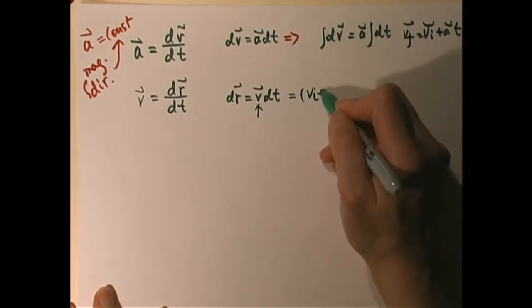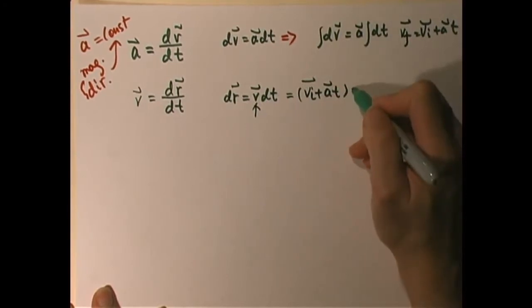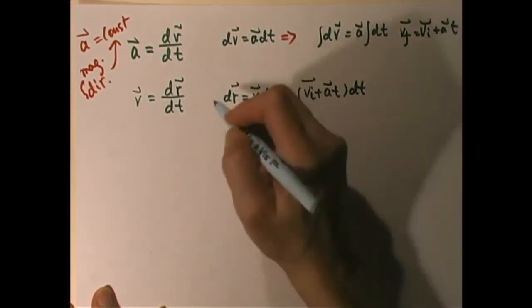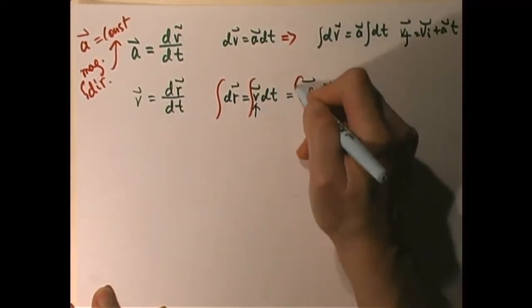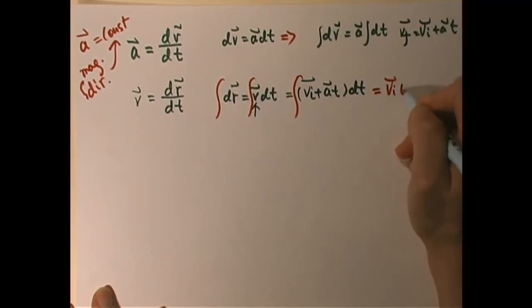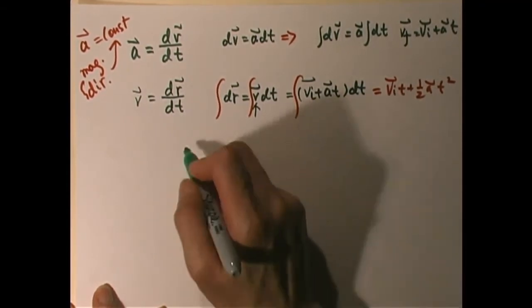That is v initial plus at, vectors, and we still have this dt. If we want to do the integral, this will end up as v initial t plus 1/2 at squared. Probably you will say, I know that. Well, let's take a look.